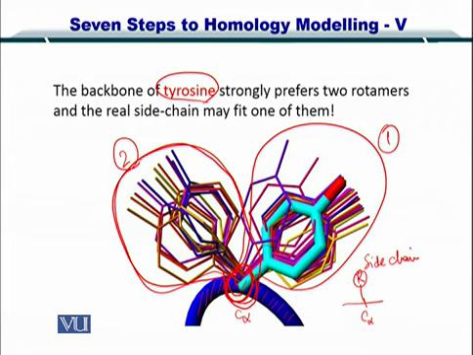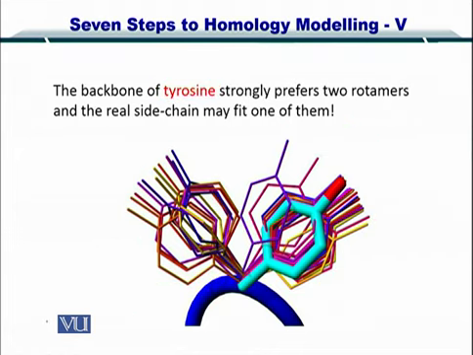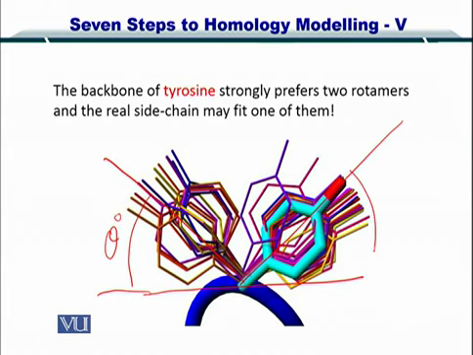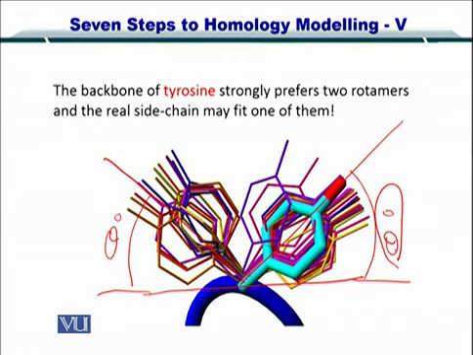By looking at the preference of tyrosine, you can set the torsion angle, that is the angle between the backbone, carbon alphas and nitrogens. These two angles are preferred, and therefore you can attach the rotamer side chain according to the preference.